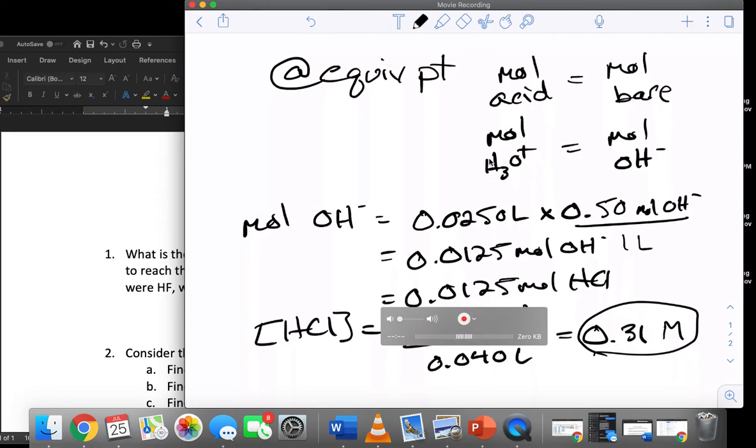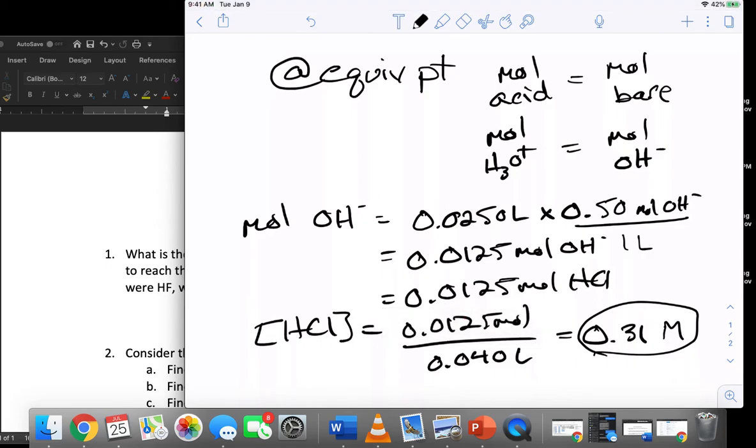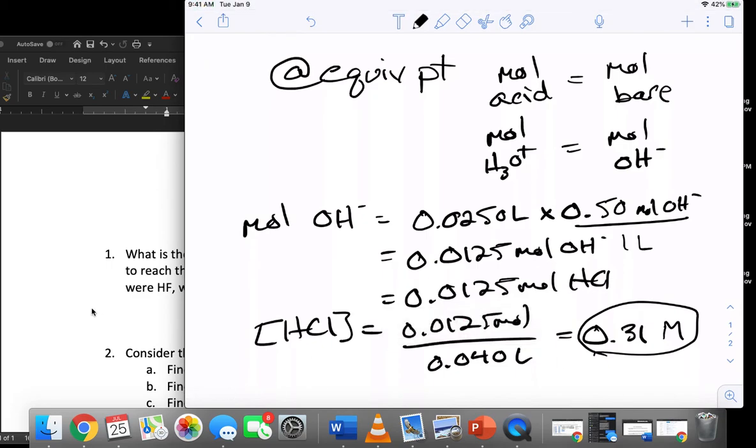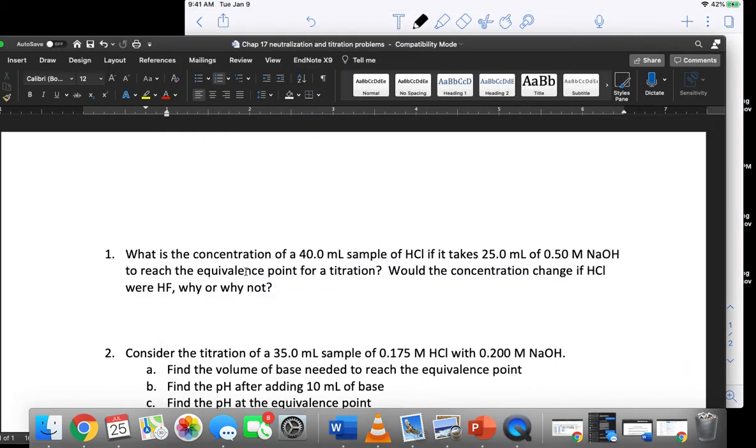Even though a strong acid will totally dissociate, if we have a reaction occurring like a neutralization, it doesn't really matter whether it's a strong or weak acid. So it really makes no difference. The calculation will be the same. If it had been HF instead of HCl, this still would have been the concentration of HF that we started with. There wouldn't have been any difference there. That's what I was trying to get at with the second half of this question.